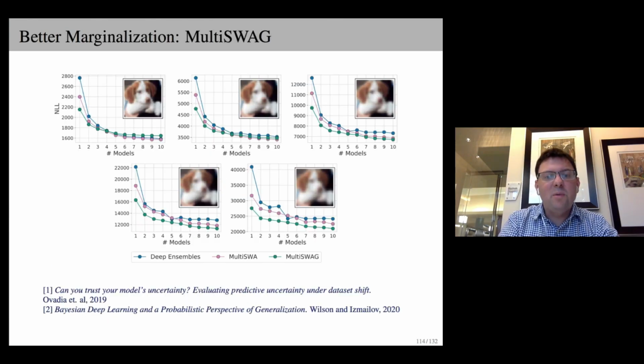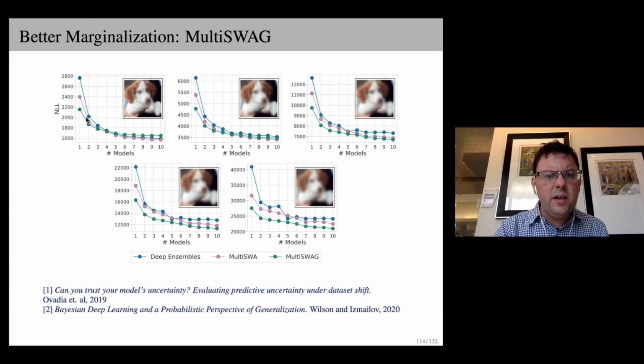When we apply multi-swag to several of the applications in reference 1, evaluating predictive uncertainty under dataset shift, which showed that deep ensembles often outperform single basin marginalization procedures, we see 2 key trends. One is that multi-swag tends to significantly outperform deep ensembles in cases where we're not training very many independent models or when there's a lot of data corruption.